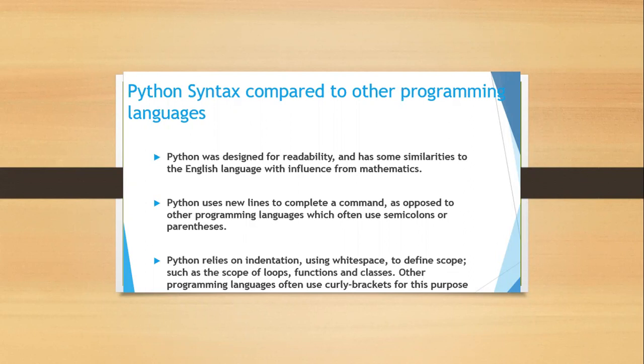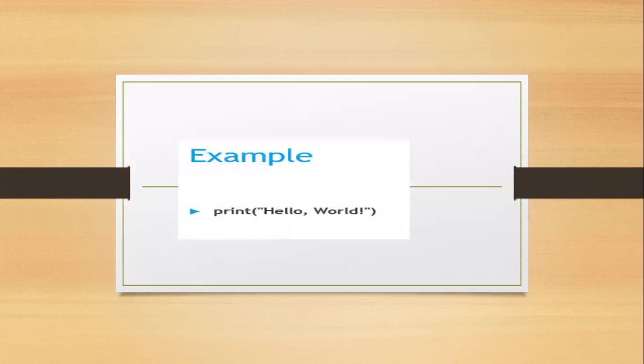Python does not have such. You just write freestyle and you will see, maybe with a little indentation. Python relies on indentation using white space to define scope, such as the scope of loops, functions, and classes. Other programming languages, like the ones I've said, use it differently.